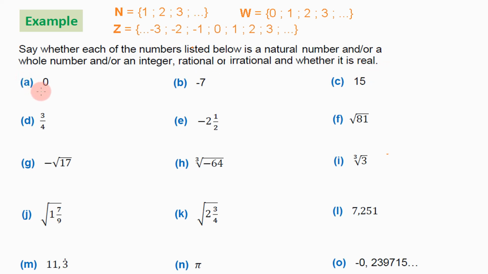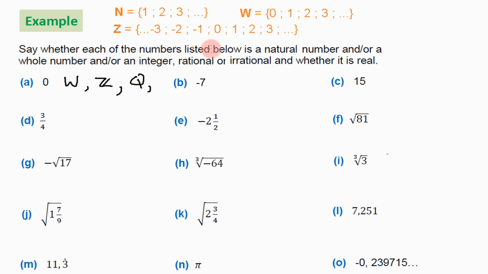So in A, we have the number 0. Now, 0 is clearly a whole number as well as an integer. Then we said if it's a whole number or an integer, it will automatically be rational.